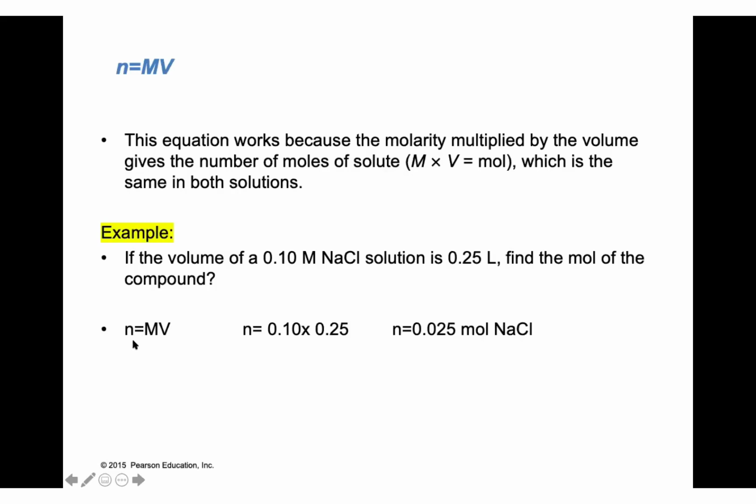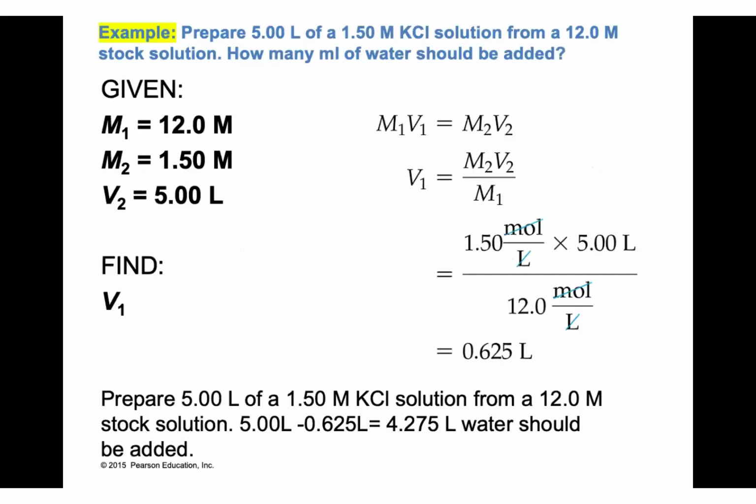In N equals MV, what does MV here remind you of? It reminds me of M1 V1 equal to M2 V2. So MV equals N, right? So we basically equal N1 to N2.